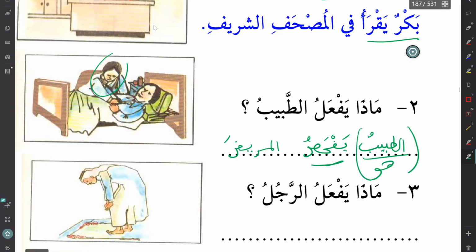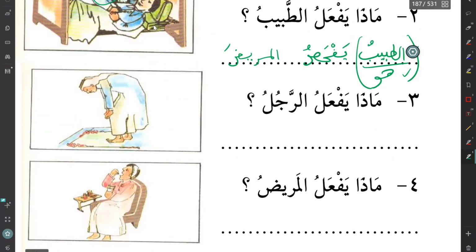Okay, I'm just giving you different ways of saying it, but probably you might want to use the noun or the pronoun. جيد. And we have ماذا يفعل الرجل? What is the man doing? Okay, so looks like he is doing ruku. Okay, you can say الرجل يركع.